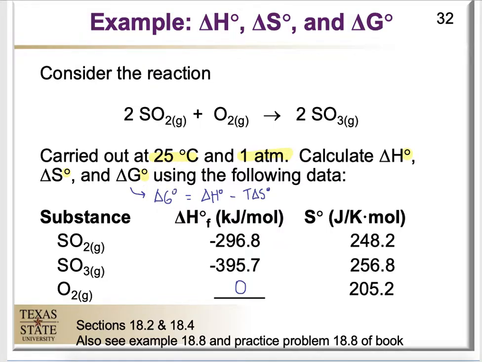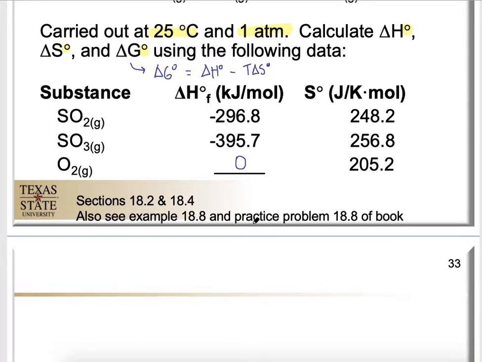All right, so let's get started. We're going to first calculate our delta H for the reaction by taking the sum of the coefficient of each of our products times the delta H of formation at standard conditions for each of the products.